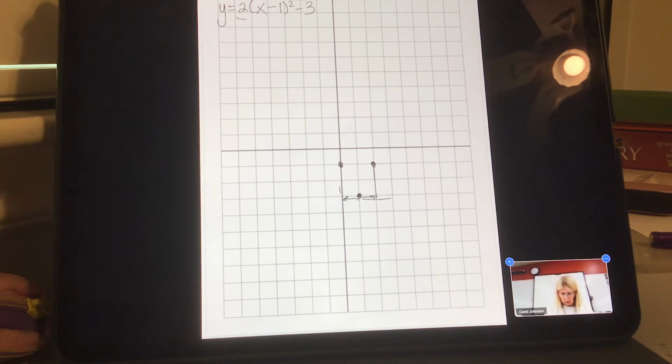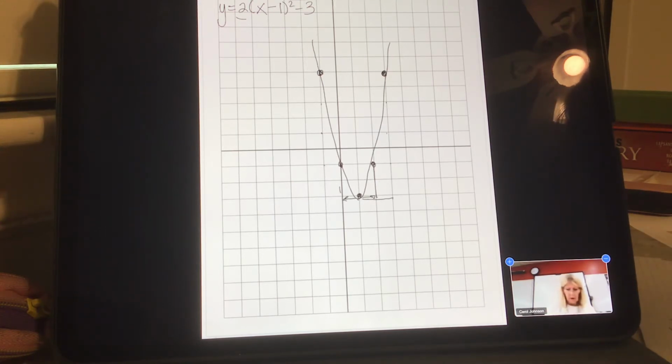So I move over 2, and I go up 8. 2, 4, 6, 8. And do the same thing by symmetry. 2, 4, 6, 8. I now have my 5 points and I am done. And I have not had to do that negative b over 2a. Does that make sense? Yes or no? Talk to me.